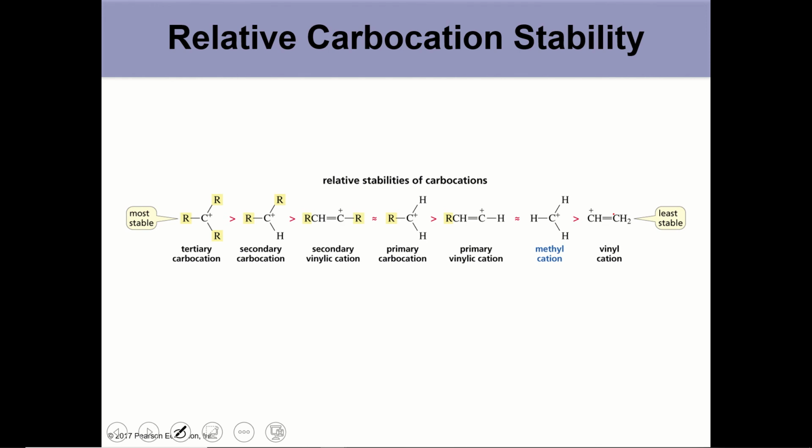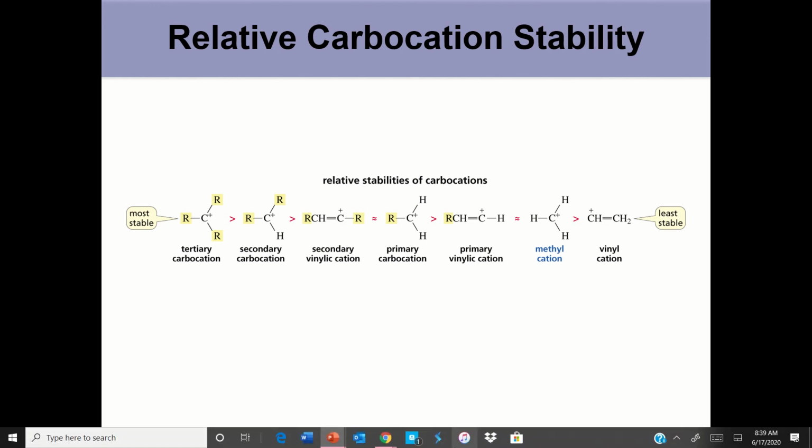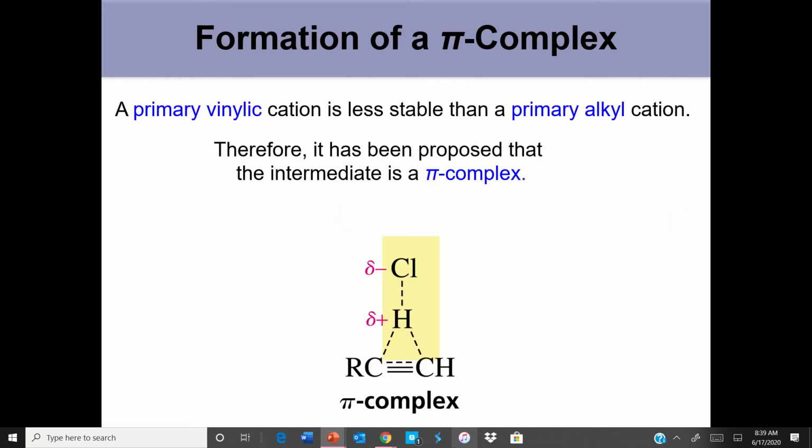So vinyl cations are less stable than tertiary and secondary cations. And we already saw that primary cations pretty much do not form when we were doing the reactions in chapter 6. We were always picking secondary and tertiary carbons over primary carbons to carry a positive charge.